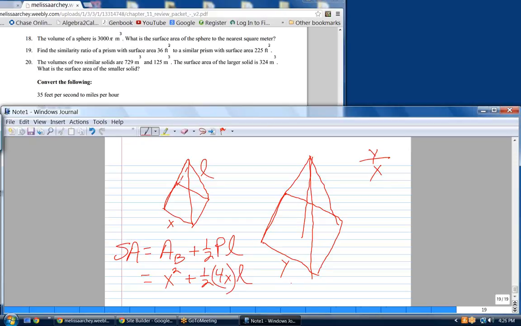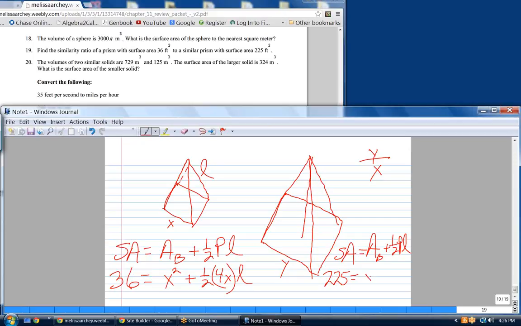The surface area of the smaller one is 36. This is a toughie. The surface area of the bigger one is also equal to the area of the base plus 1/2 p times L, and they're giving us this surface area is 225.